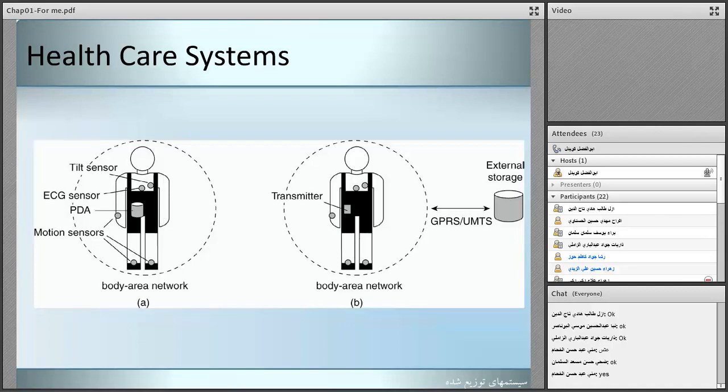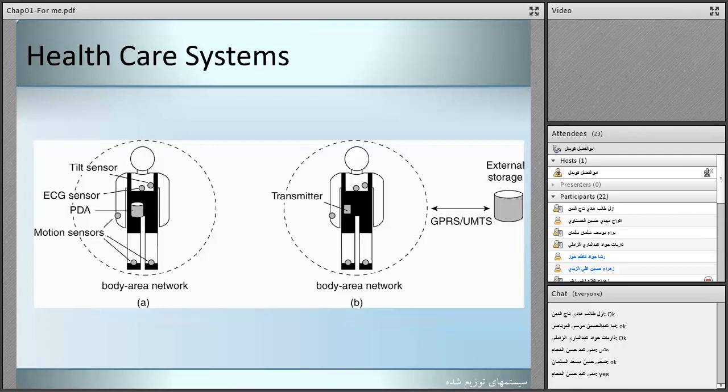For example, we have a sensor to calculate the level of diabetes, and also we can have some sensors to monitor blood pressure, and these sensors are installed on the body of the patient.